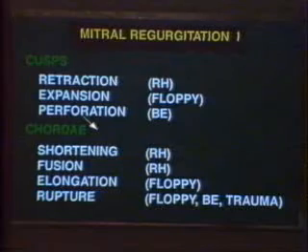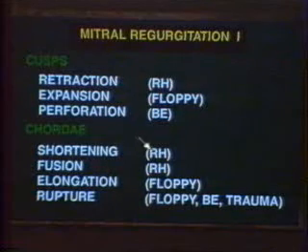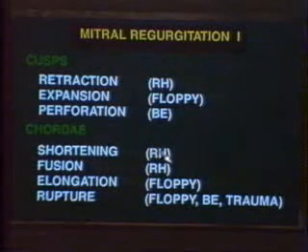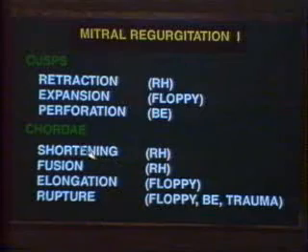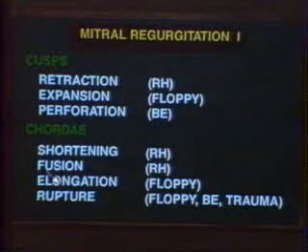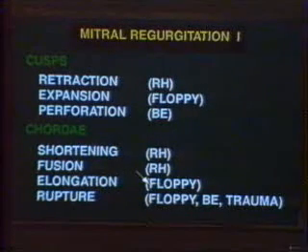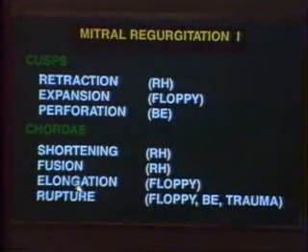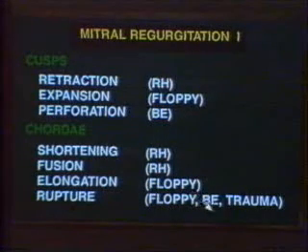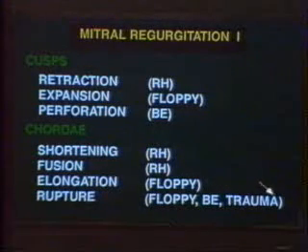If we now look at the chordae, they may be shortened and fused if the case is rheumatic in origin, or they may be thinned and elongated, as you see in floppy mitral valve. Rupture of the chordae tendineae is seen in floppy mitral valve, in infective endocarditis, and occasionally it can be traumatic.